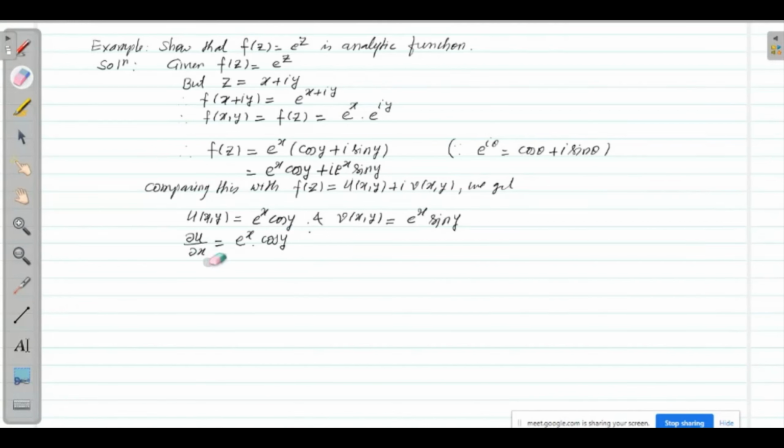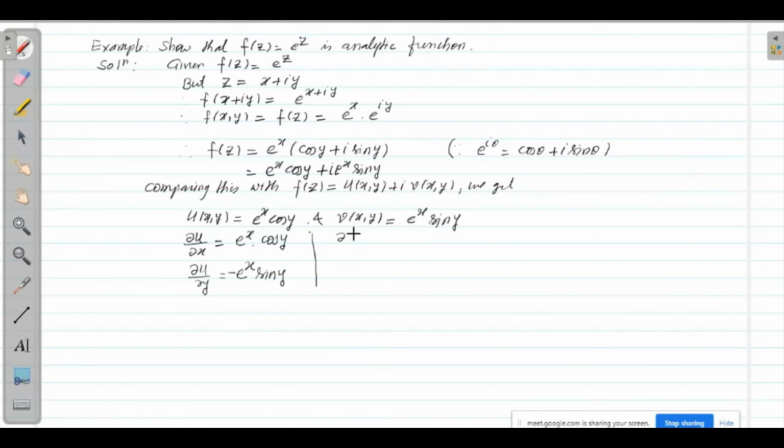Now differentiating u with respect to y, dou u by dou y is, in this case e raised to x is constant, so e raised to x times the derivative of cos y. Derivative of cos is minus sine, so this is minus e raised to x sin y.